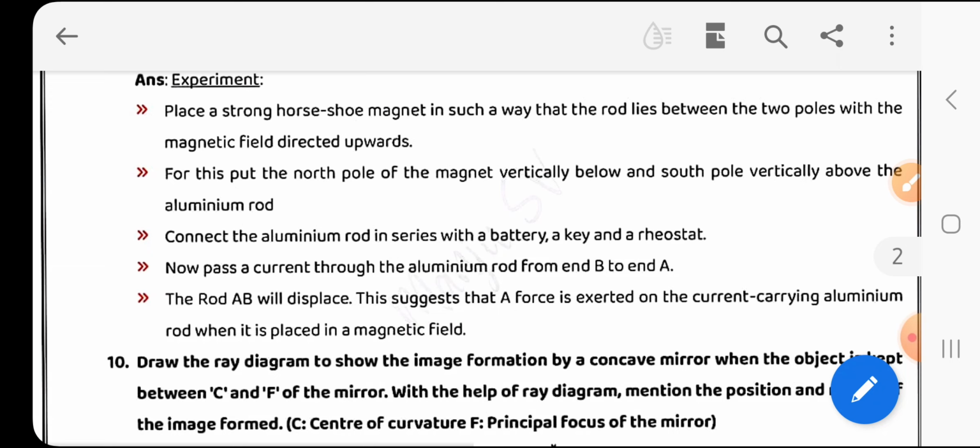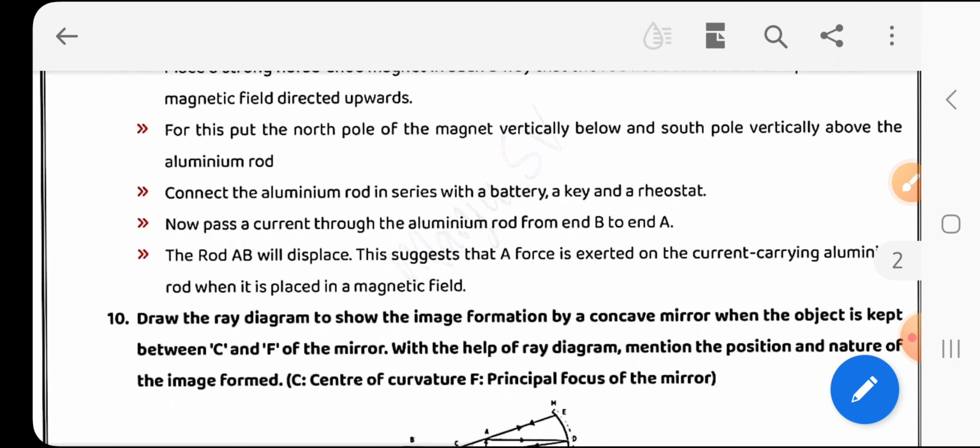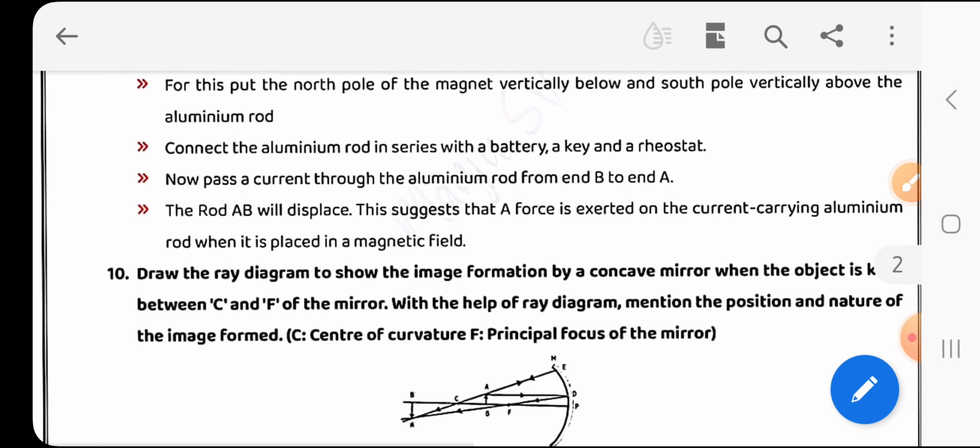Connect the aluminium rod in series with a battery, a key and a rheostat. Now pass the current through the aluminium rod from end B to A. The rod AB will be displaced. This suggests that a force is exerted on the current carrying aluminium rod when it is placed in a magnetic field.